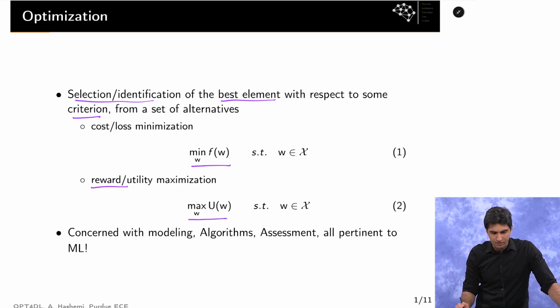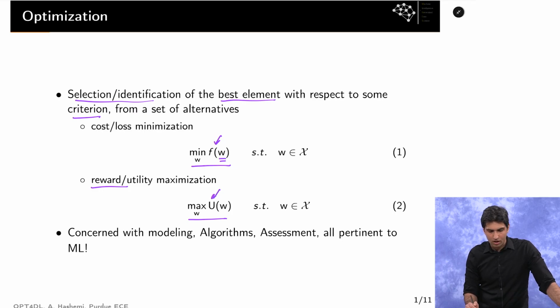An example of this is an application of reinforcement learning, where our goal is to design an agent that can perform a certain task. Another example is portfolio optimization: from a given set of stocks or resources, we want to select the ones that result in the highest profit. Now, f, as I mentioned, is our loss function or cost function. U is our utility function.